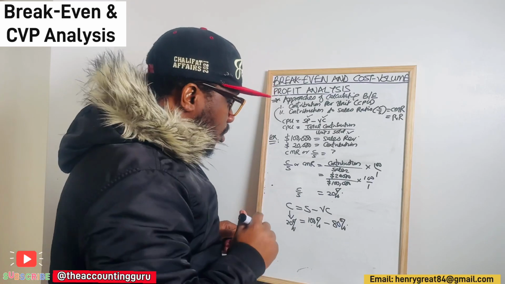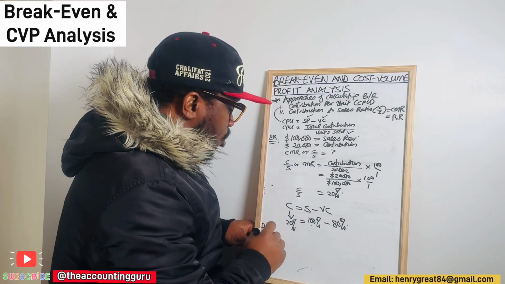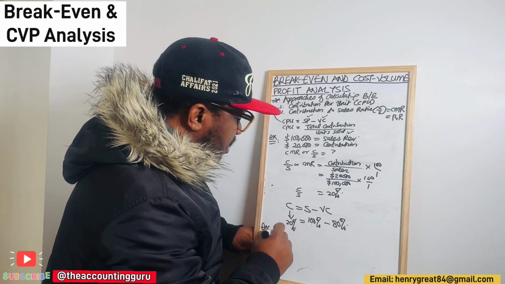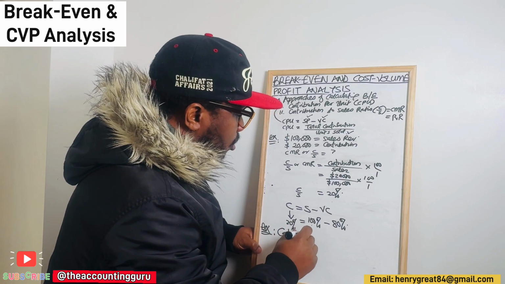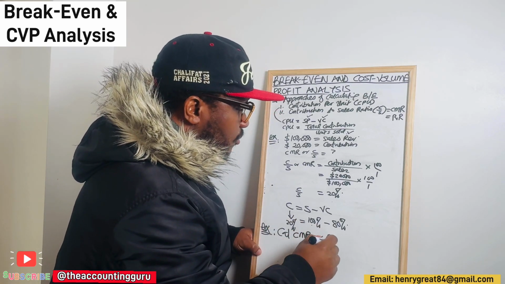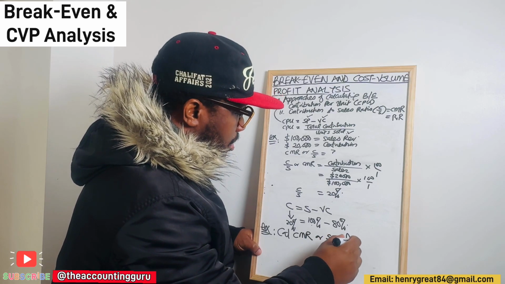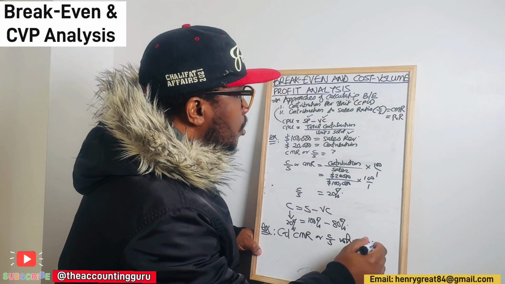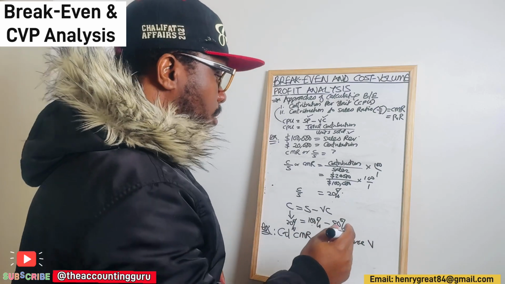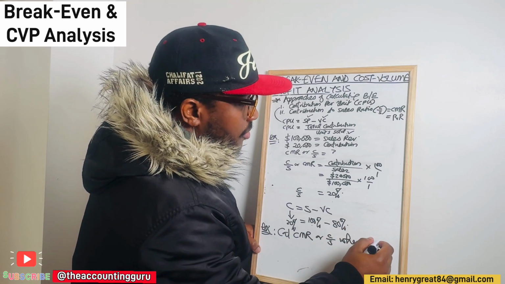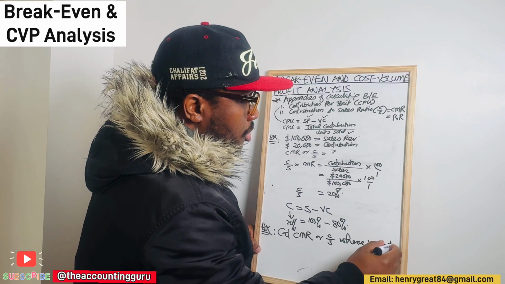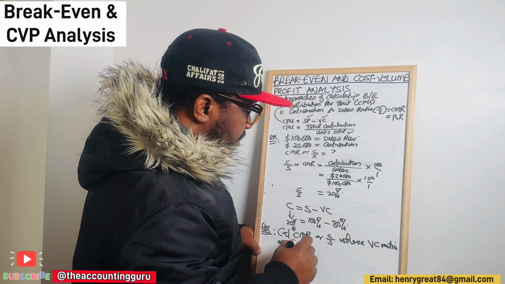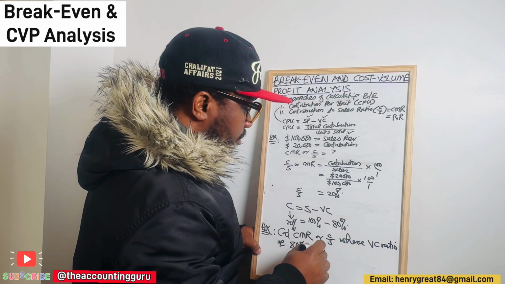So what it means is that in any exam, the examiner who wants to be mean will require you to calculate contribution margin ratio, or C over S, where a variable cost ratio of 80% is given.